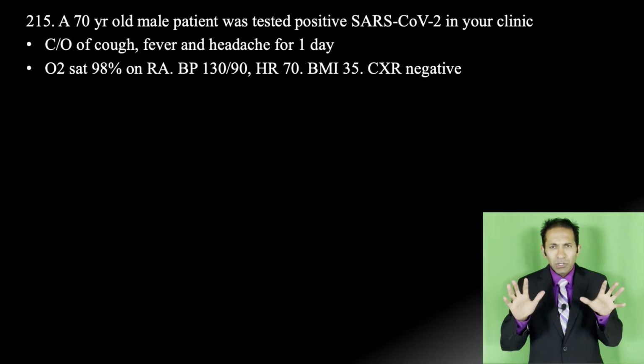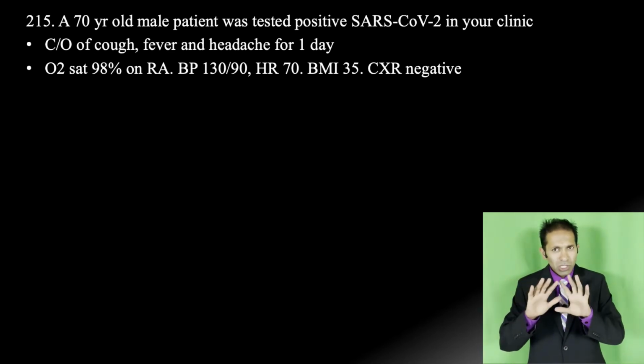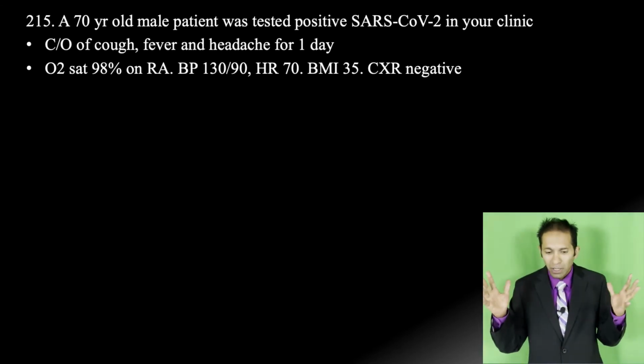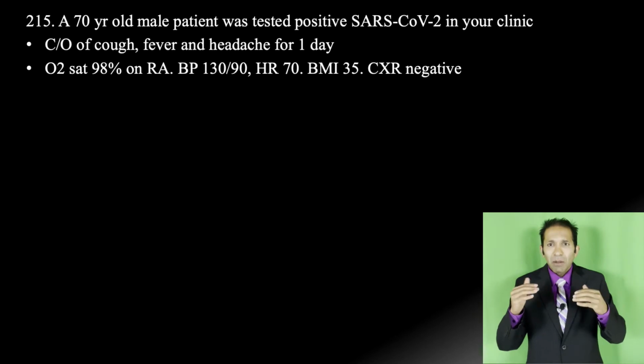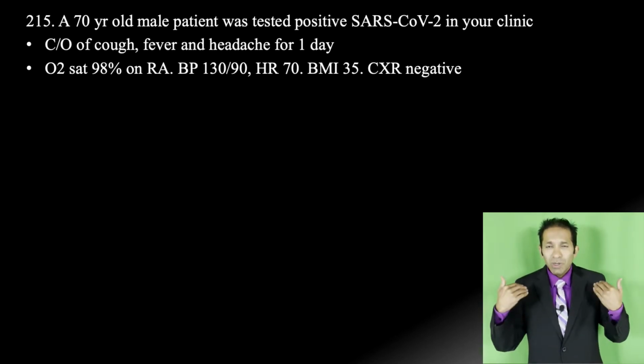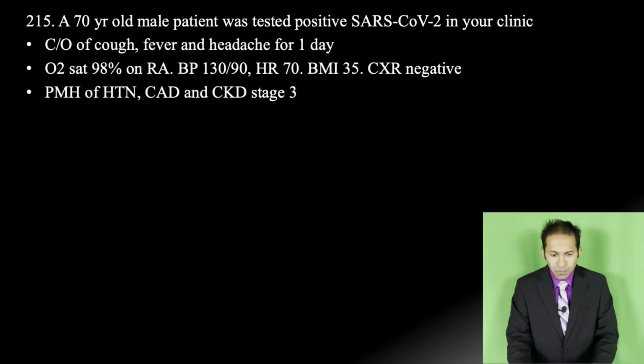You check his oxygen saturation, 98% on room air, which is normal. Blood pressure 130/90. Heart rate is good, but the patient's BMI is 35, so he is obese. You do a chest X-ray, and it is negative. He does not have any infiltrate.